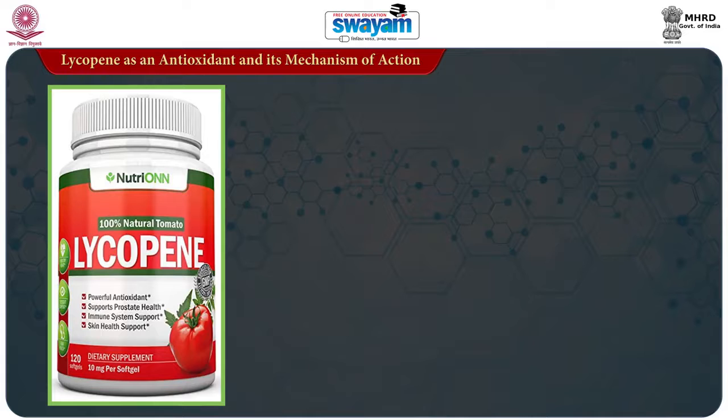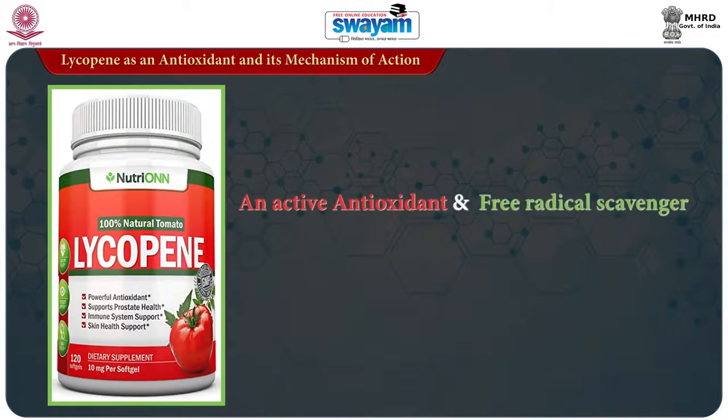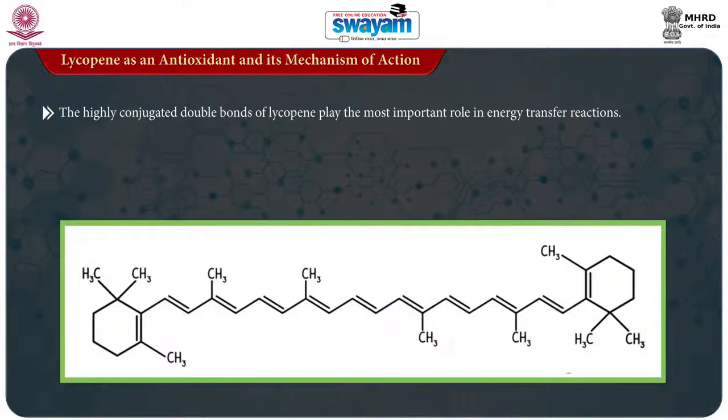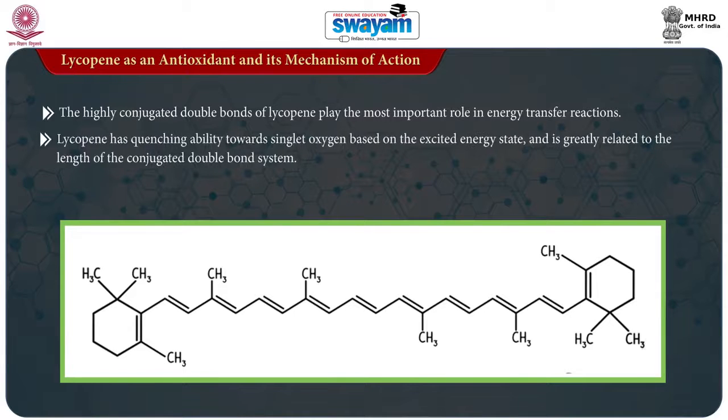Numerous studies have specified that lycopene is an active antioxidant and free radical scavenger. Lycopene, because of its high number of conjugated double bonds, exhibits higher singlet oxygen quenching ability. The highly conjugated double bonds of lycopene play the most important role in energy transfer reactions.